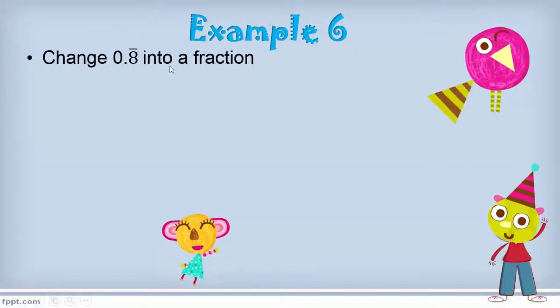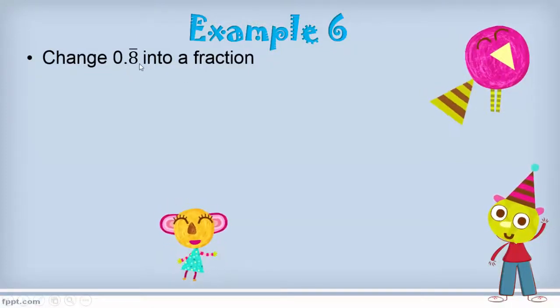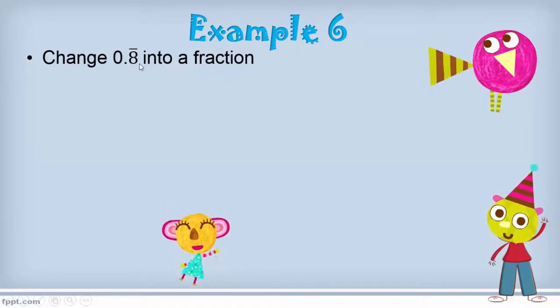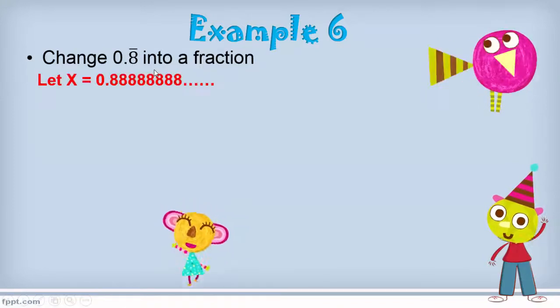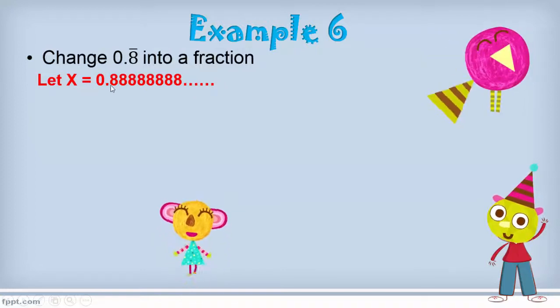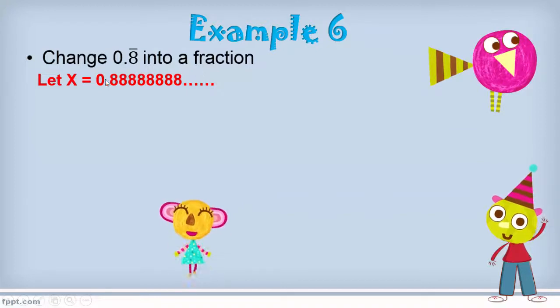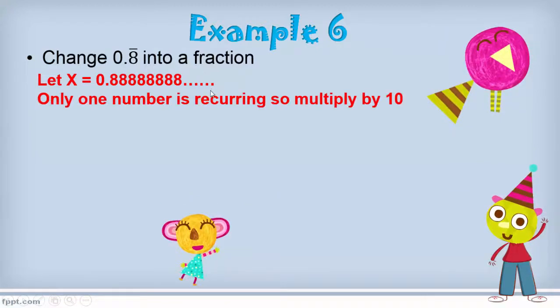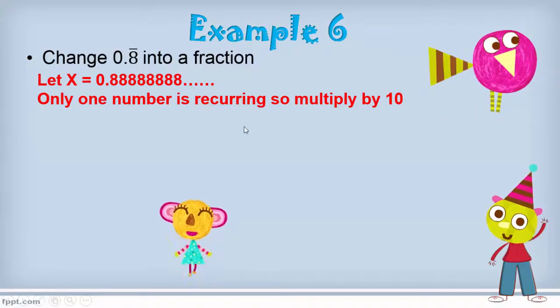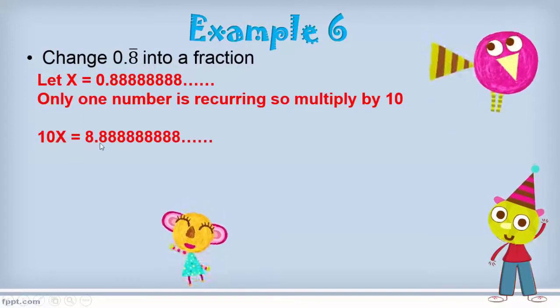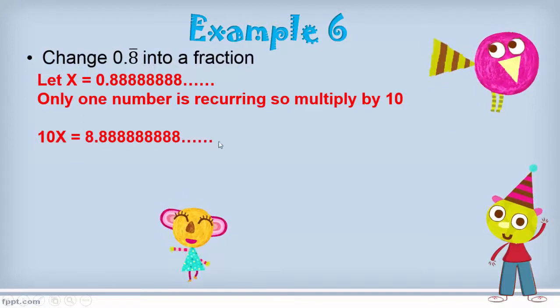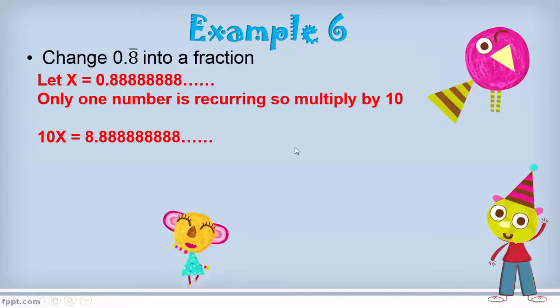Reviewing how we converted 0.888888 or 0.8 bar into a fraction, we let x equal 0.88888. Now we wanted to get rid of all the recurring stuff. So only one number is recurring, so we multiply by 10. And that means we get 10x is equal to 8.888888, going on forever.